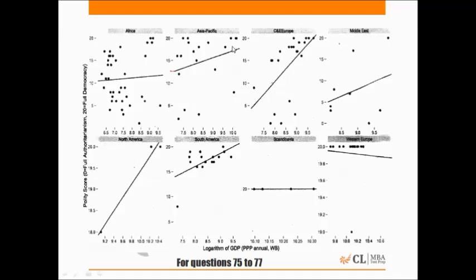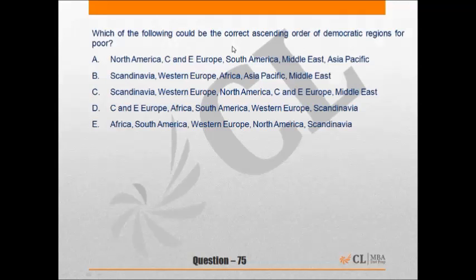And one thing should also be noted that GDP is given in terms of log. So whenever we need to do any calculation related to GDP, we have to take care of this thing. Now we have understood what the graph is all about. So let's take the question. In the first question of this set, it is asking which of the following could be the correct ascending order of democratic regions for poor.